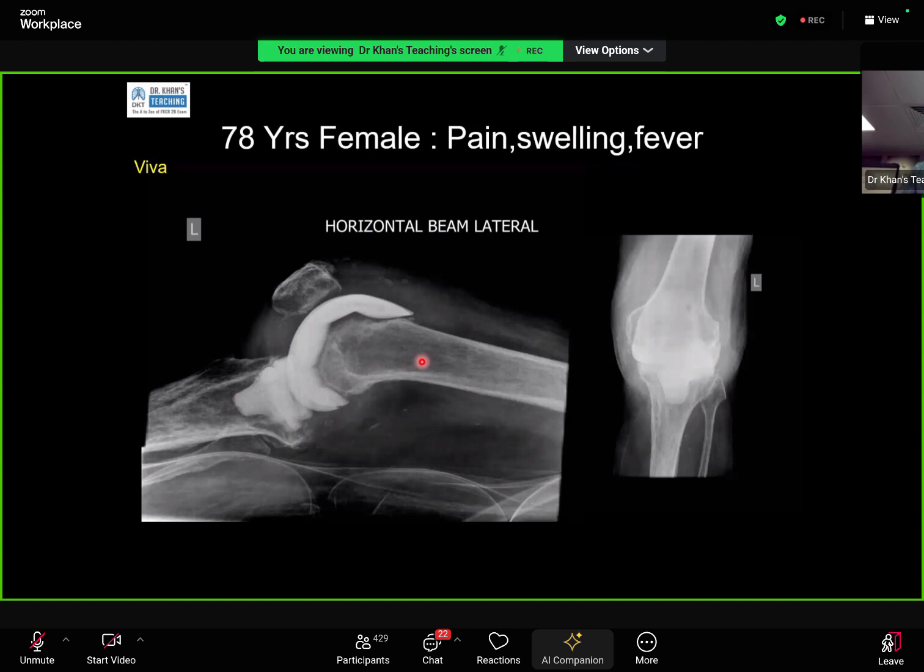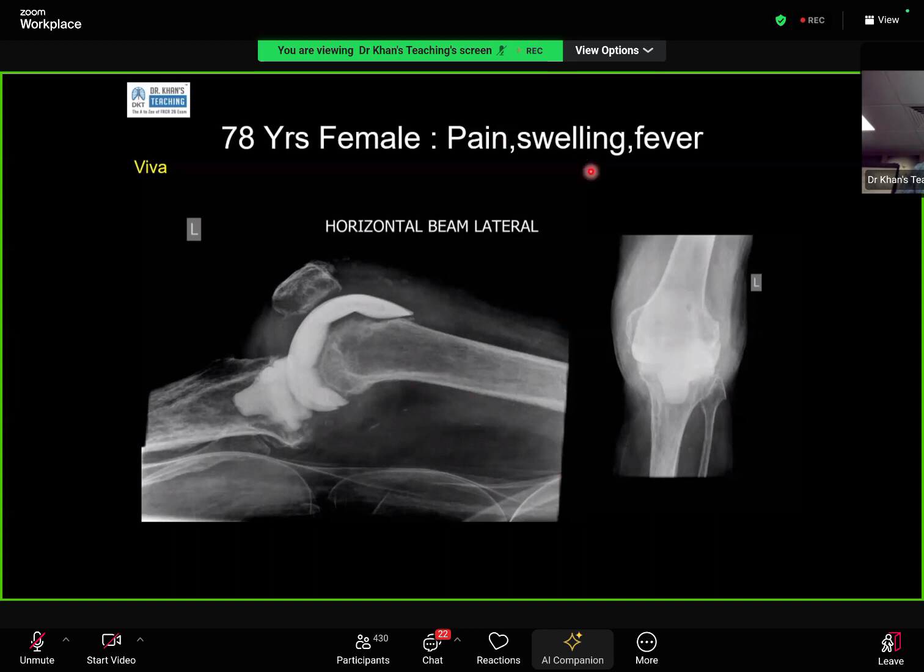Other than that, I can see obliteration of the soft tissue planes surrounding the distal femur. So this patient has got a total knee replacement, right? Yes, sir. So now the question is, with this kind of swelling and these symptoms, what is happening?